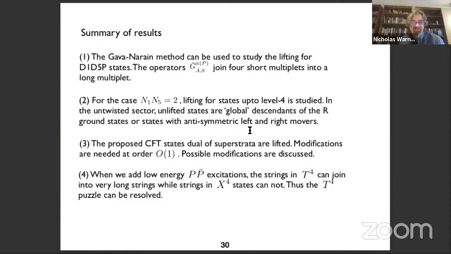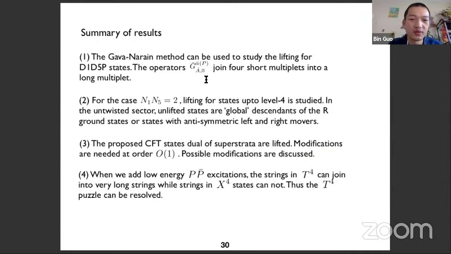Or maybe I can just read this. So we find the GP bar are the operator that join 4 short multipoles into a long multipole. And we consider the simplest case n1 and phi equals 2, and we find in the untwisted sector, all the unlifted states are either protected by the symmetry, these are the global descendants of the Ramond ground state, or protected by the copy symmetry, these are the states with antisymmetric left and right movers.